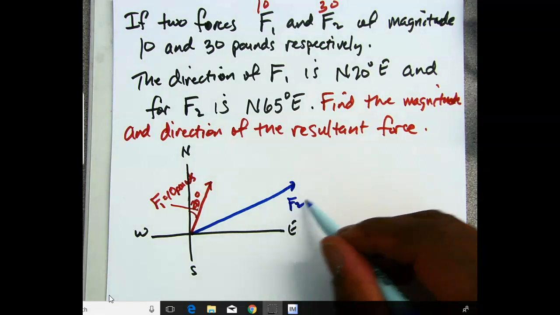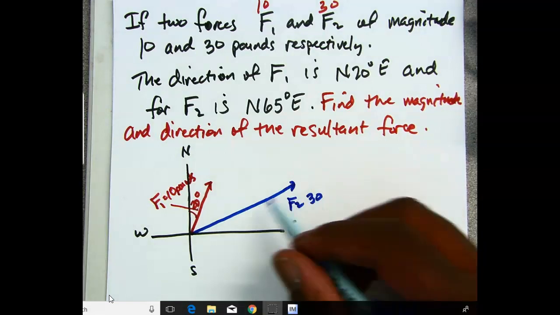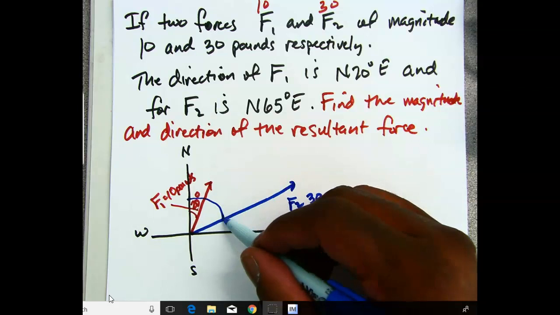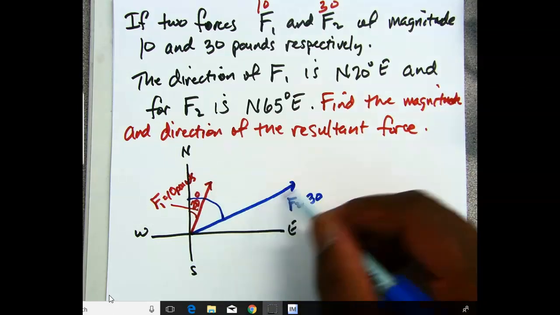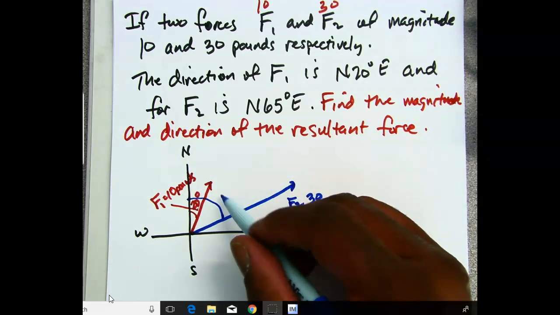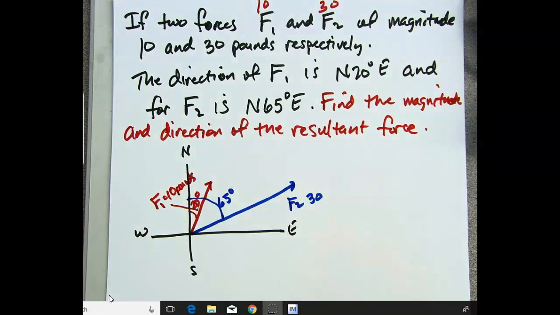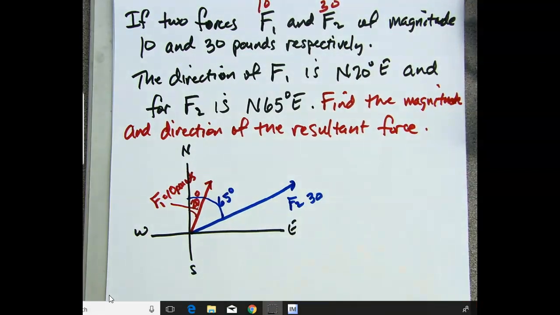So this is F2, it's 30, and the angle here from the northern axis to this vector is going to be 65 degrees. So now, what's our resultant force? How do we add these two?